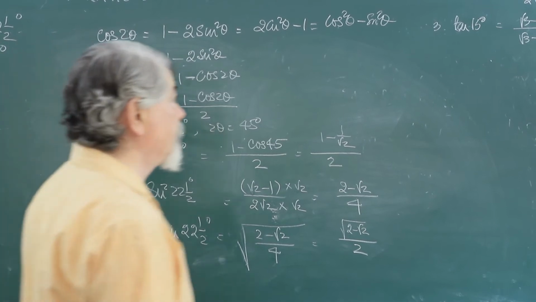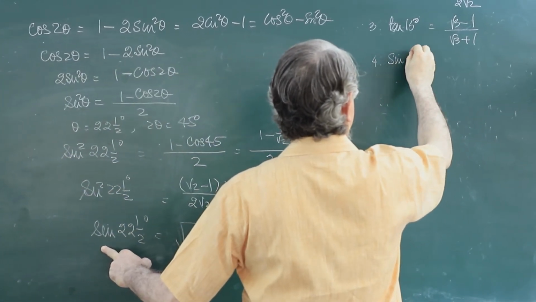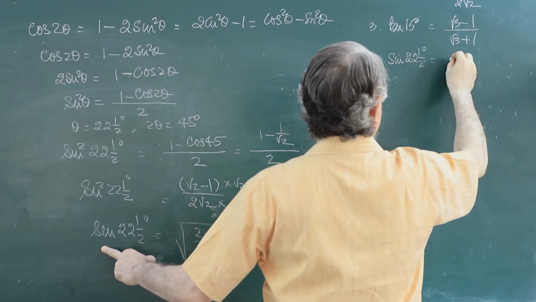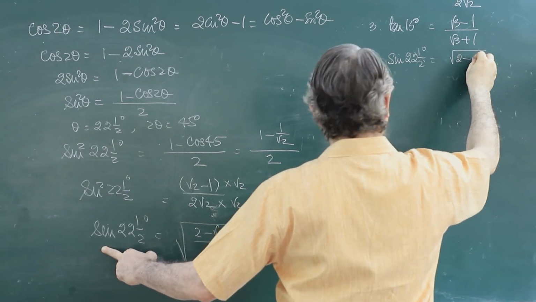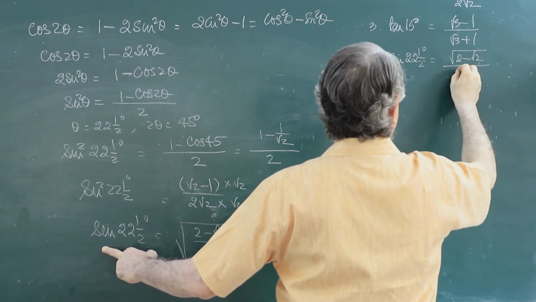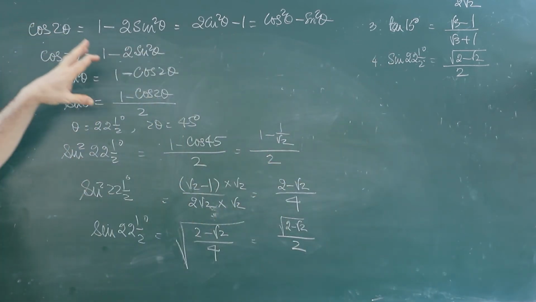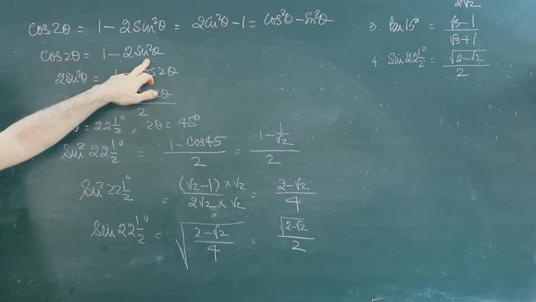So I'll write here sine 22.5 as under root 2 minus root 2 upon 2. What did I do? I used the formula of cos 2 theta. Cos 2 theta is 1 minus 2 sine square theta.